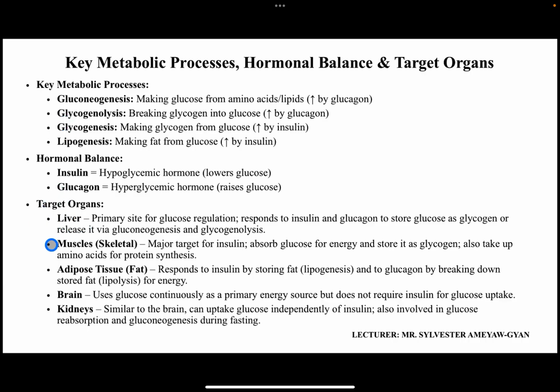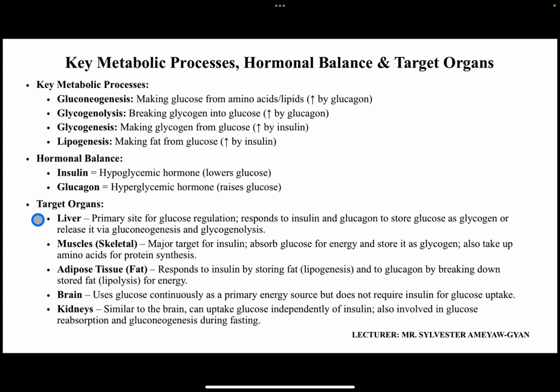So you see, these hormones basically act on the liver. They also act on muscles, because we can have some of the glycogen being stored in skeletal muscles, and glucagon can act on this glycogen and break it down back into glucose to be utilized by the body. Good.